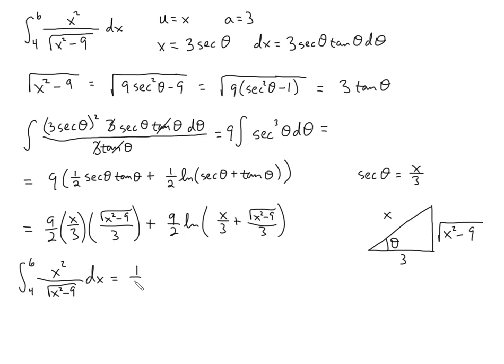So we'll have 1/2 x square root x squared minus 9 plus 9/2 natural log of all this, x over 3, all that, and then we have to take all of this and then plug in the two bounds of 4 and 6.